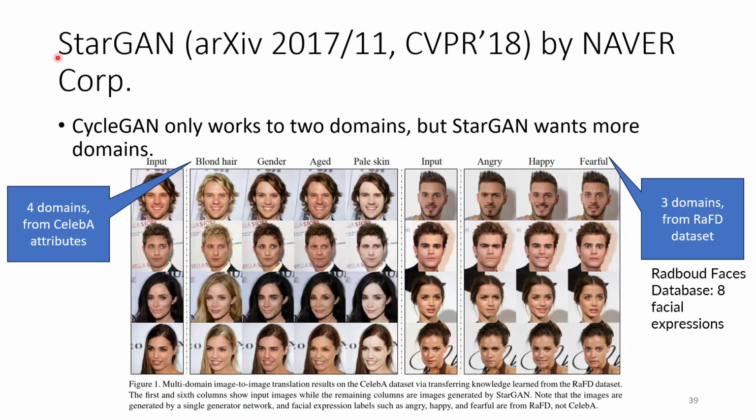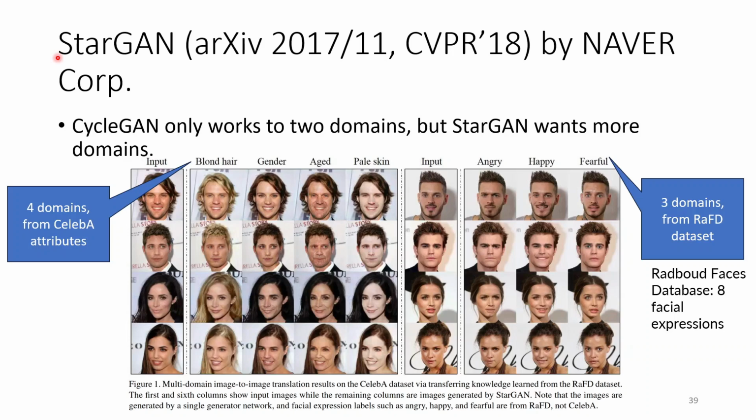Why it's called star is because you see there are some endpoints of a star. Usually there are 5 or 6 endpoints. So it means from the center, they can transfer the image to multiple domains.